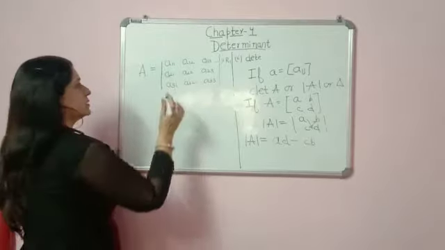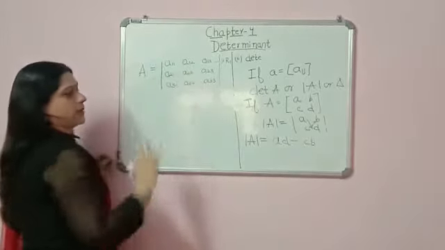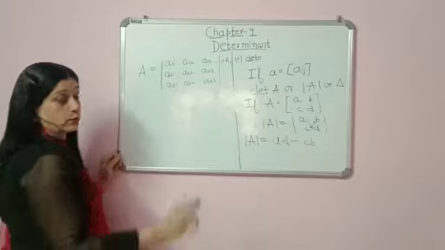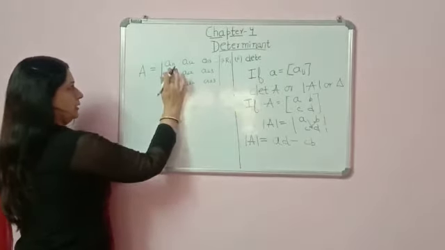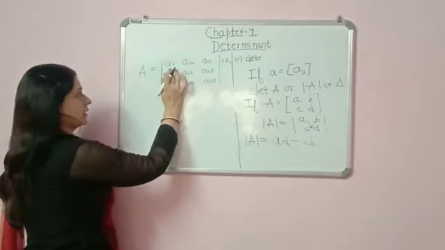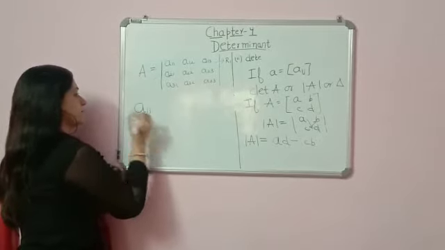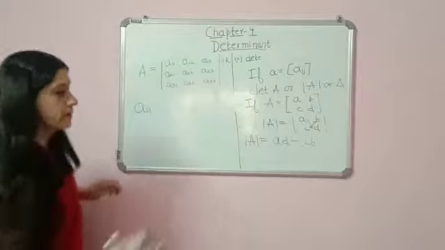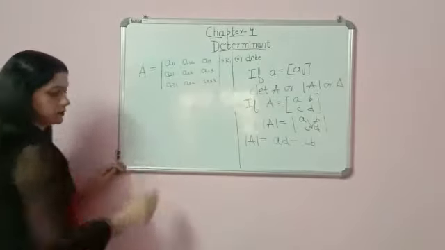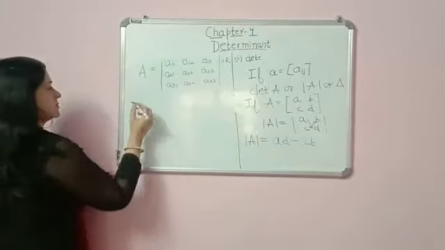Now if we are going to expand it about row 1, then first of all we will take the first element of this row, that is a11. Let us solve this by writing in different steps.